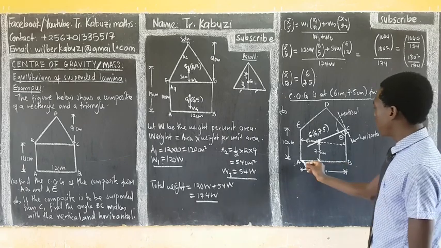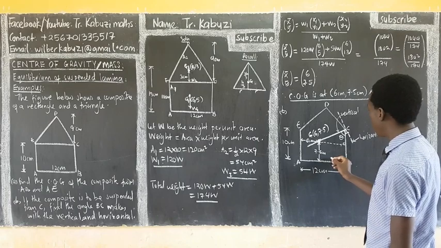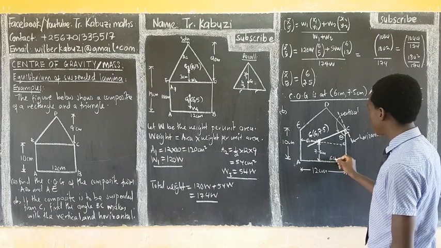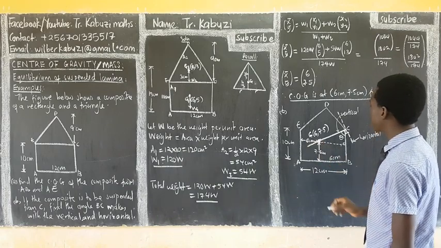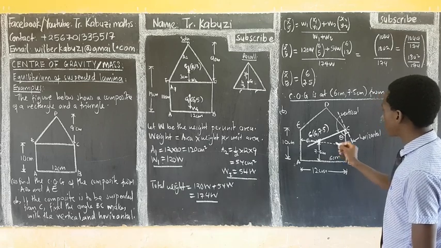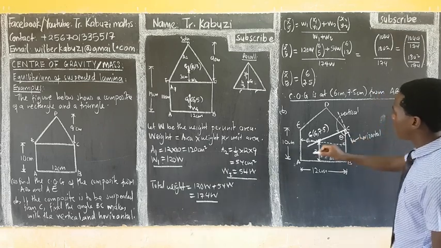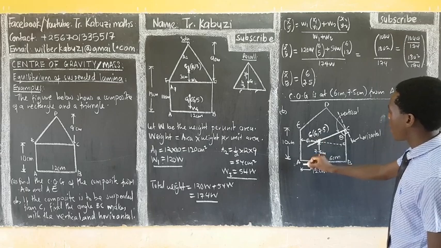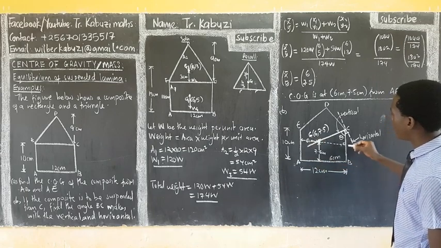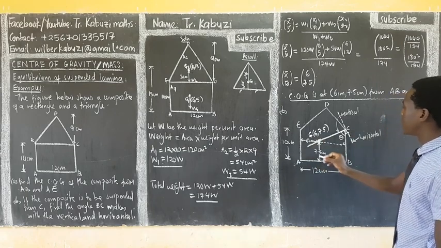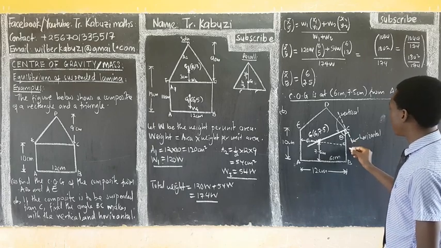If from here up to here is 6, it means the remaining distance here is also 6 centimeters. Then if from here up to here is 10, and from here up to here is 7.5, what is the distance here? The distance is going to be 2.5.